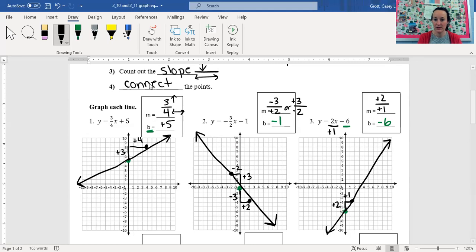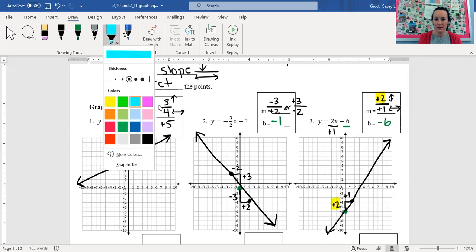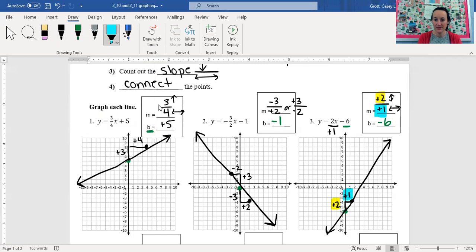Make sure you're going up and down, and then you're going side to side. So again, my plus 2, that's where this is coming from. My plus 1, that's where this is coming from.